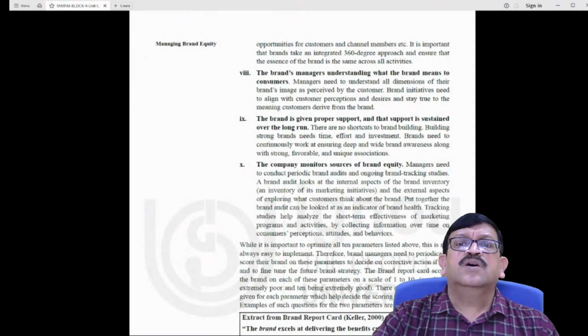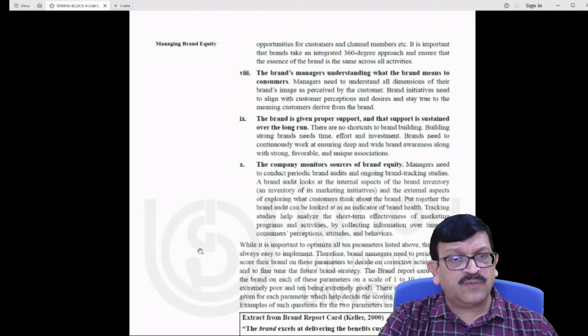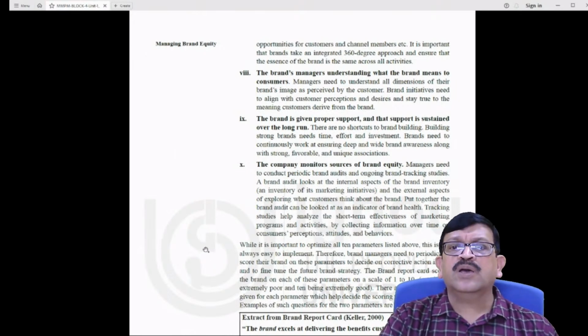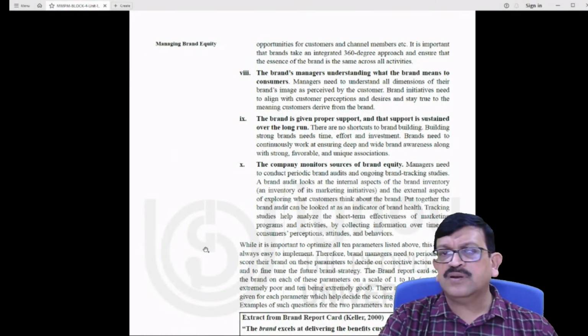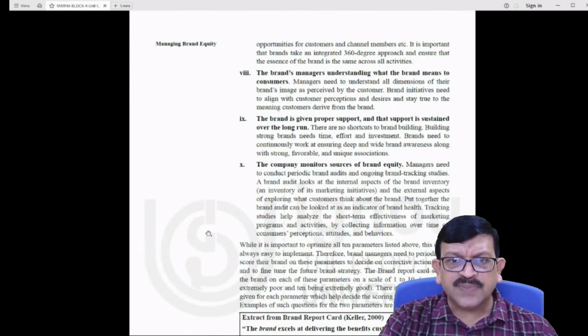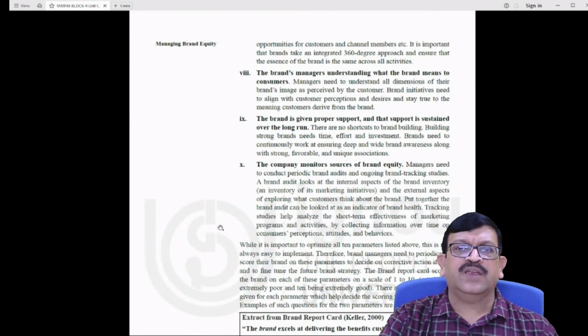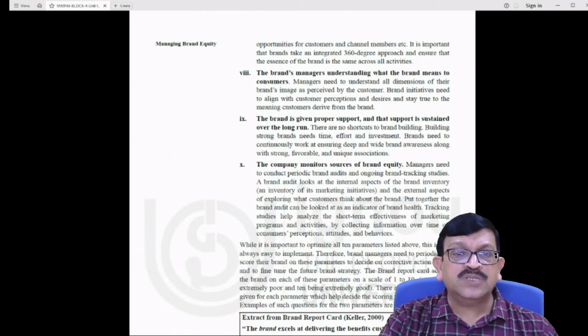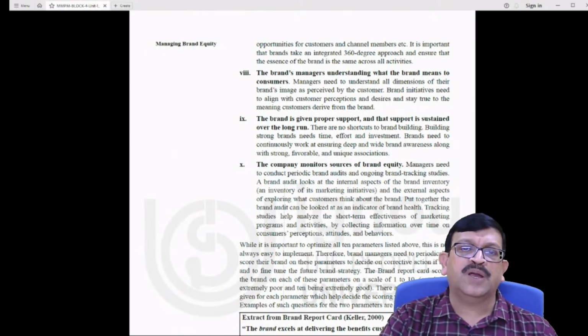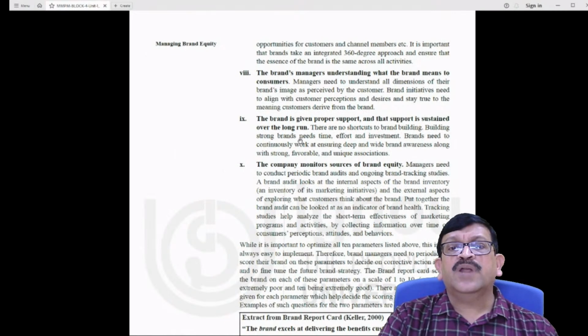And of course, what does a brand mean to consumers? I've already talked about that. If the customer or the consumer does not desire your brand, if they don't get what is relevant, and if they don't see that you are true to what you have been promising, obviously this is going to be a problematic thing. And the brand is given support, and it is sustained in the long run.